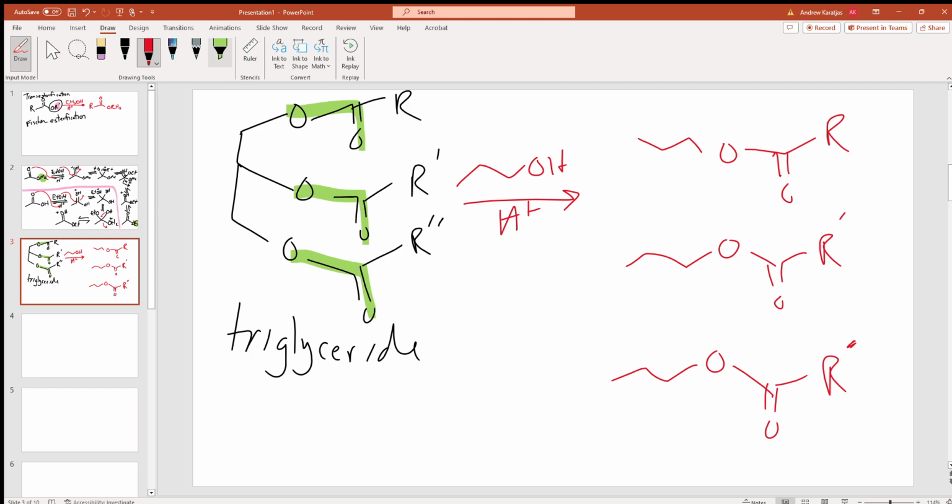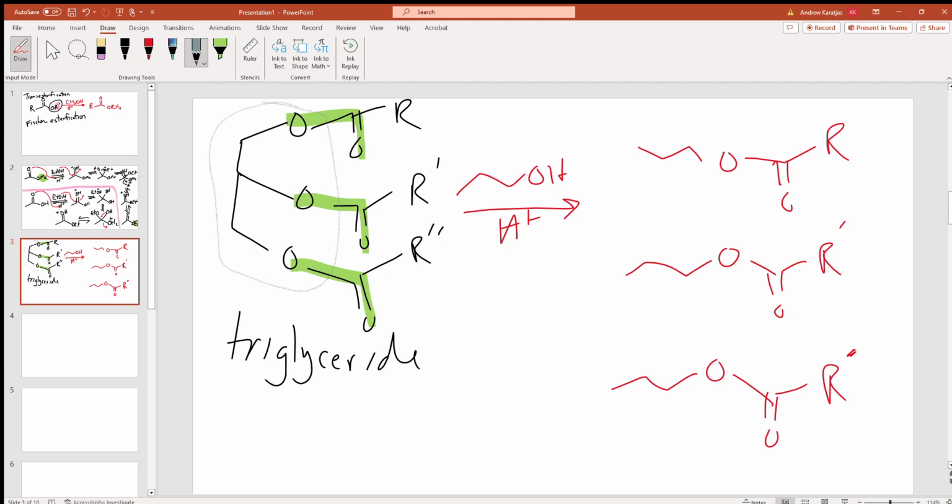But you can see that just like on the previous page where we used a very much simpler example, here we've taken off this glycerol group and replaced it with whatever we added as an alcohol. Again, in this case, this is 1-propanol. And what have we made here?